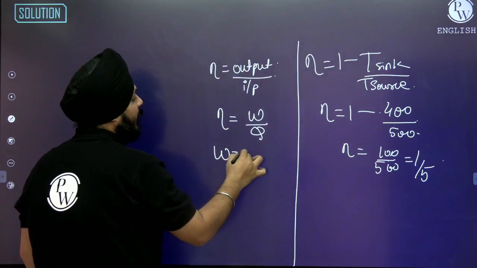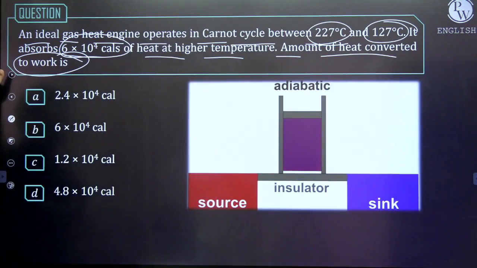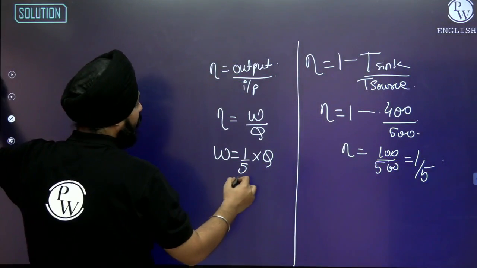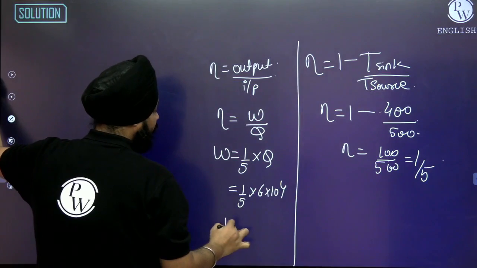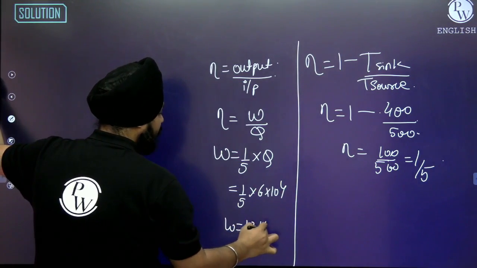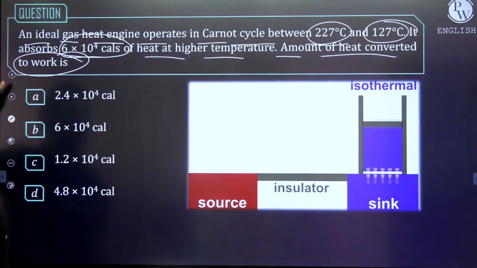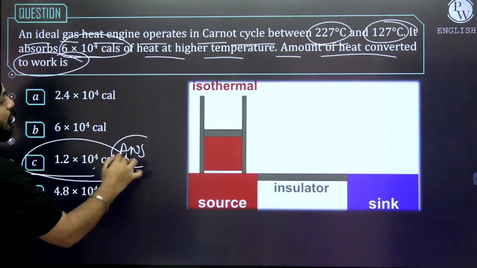So work done will be 1 by 5 into Q. What is the amount of Q? Q is 6 into 10 to the power 4. So this will be 1 by 5 into 6 into 10 to the power 4. So our work done will be 1/5 of this. That is the perfect answer for this question.